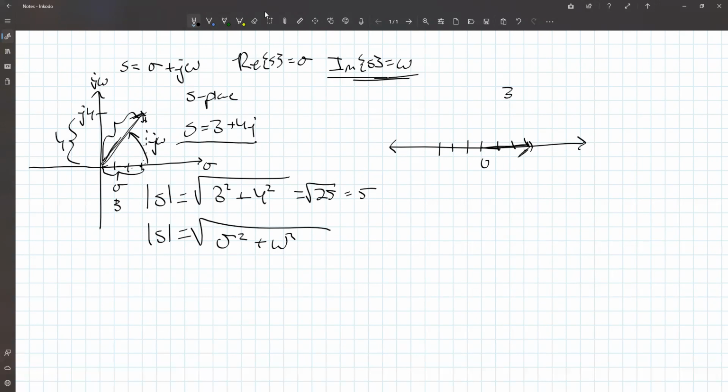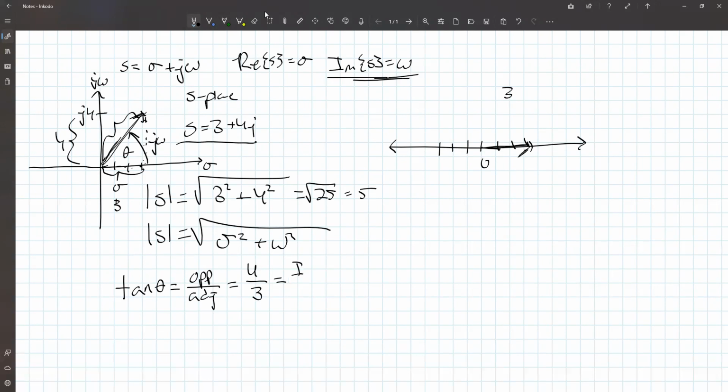So if we wanted the angle of this, and that angle is right here, the tangent of theta is equal to the opposite over the adjacent. And in this case, that's going to be 4 over 3.